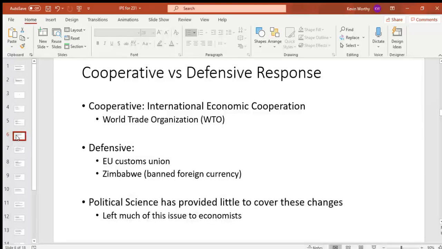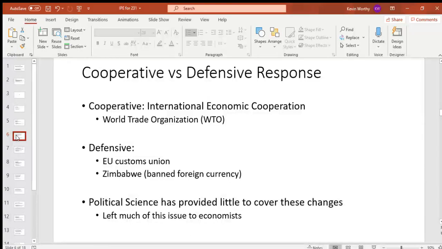The other part is a defensive response. Now, the EU, in part, is a defensive response. You have a customs union, right? We look at Brexit. So the UK is leaving the EU. One of the big problems is that now the goods coming out of the European continent are going to be at a higher price for the British, and the British goods going in will be bought at a lesser value, right? Whenever you have a customs union, things become more costly to come in and out.